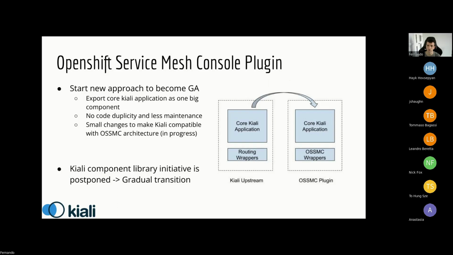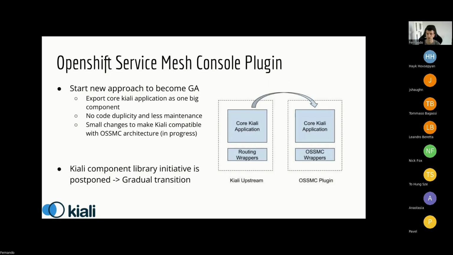Our first approach was to move all or most of the Kiali pages and components into a React library called Core UI. But the problem that we have been facing is that it's very hard to move most of the pages and components at the same time and adapt them to a React library.